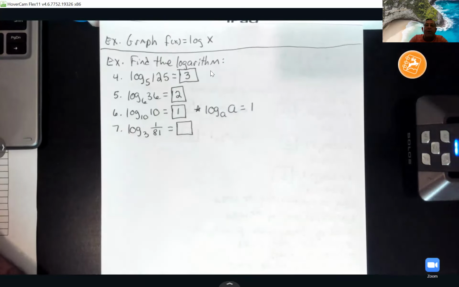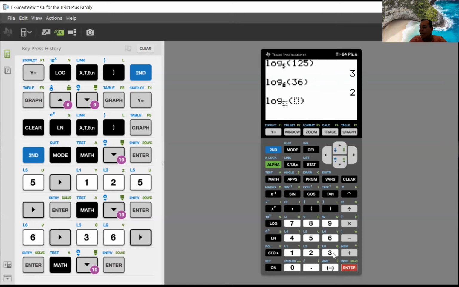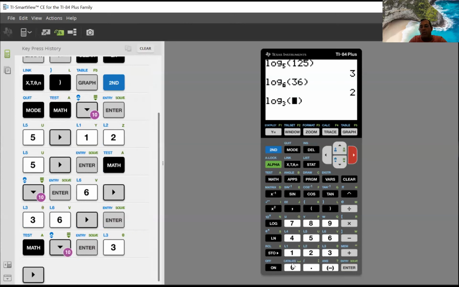So y'all, let's punch that one in on the calculator, because that's a little trickier looking for us. So we'll hit math and go get that log base. All right, so that was a log base 3. My result was a 1 divided by 81.